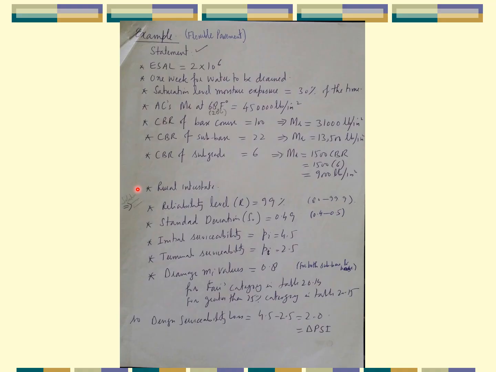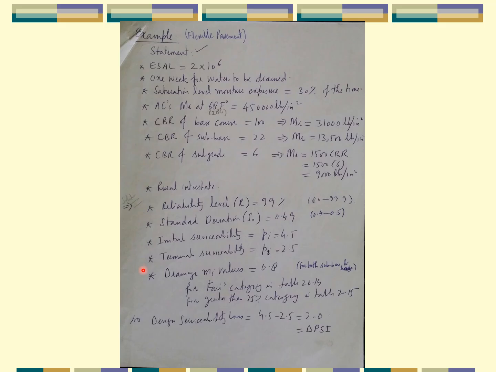We are dealing with a rural interstate, reliability level is 99%, and for flexible pavement it ranges from 80 to 99.9. Standard deviation is 0.49, and the range is 0.4 to 0.5. Initial serviceability is 4.5, and terminal serviceability is 2.5. If in some numerical problem these things are not given, you will have to assume them yourself.